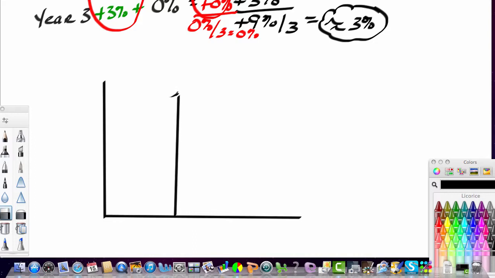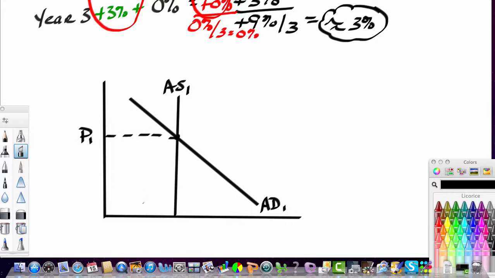A little technical difficulties here. Bear with me. This is AS1. This is AD1. P1.